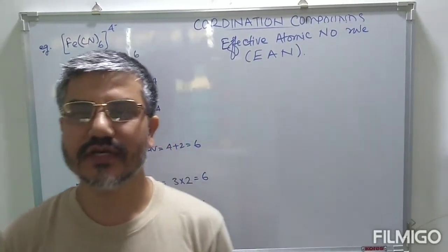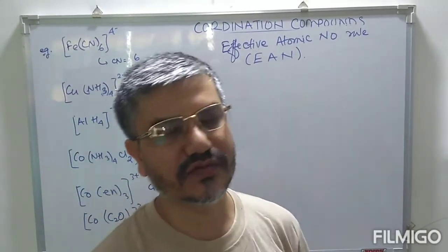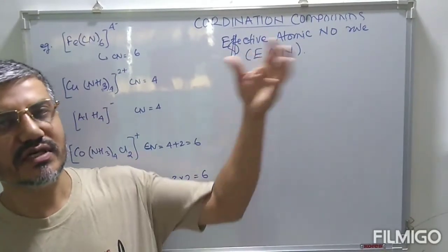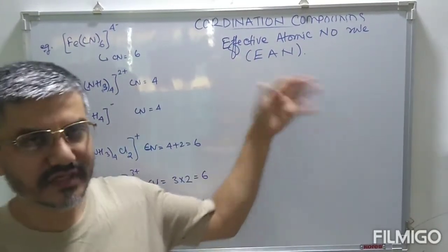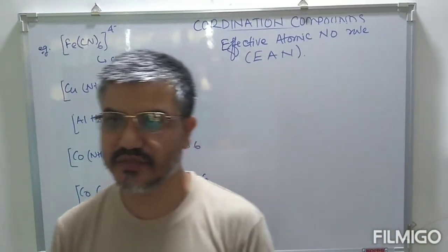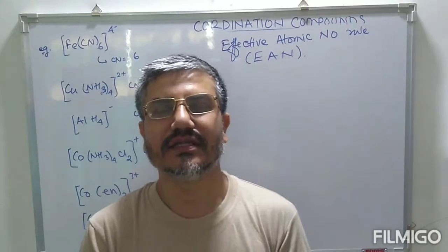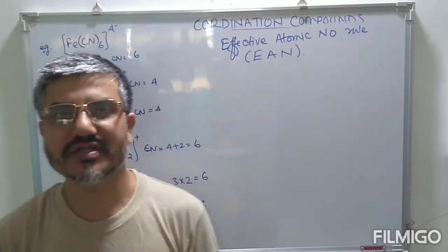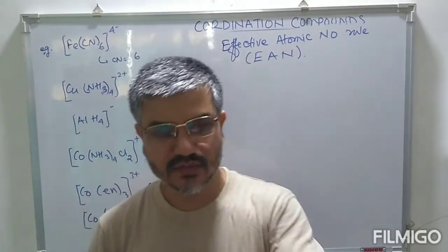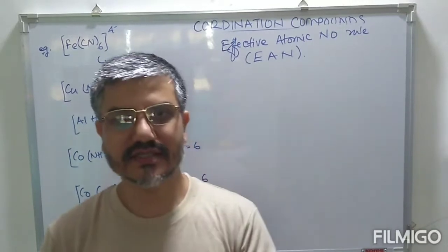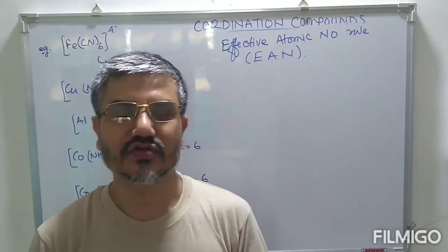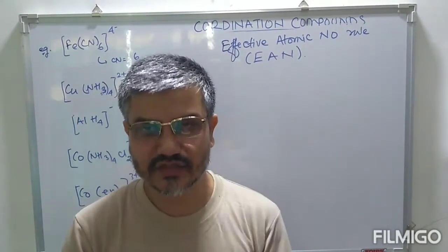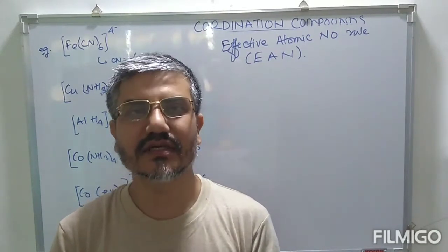So in the same way, to explain the stability of the coordination species or the complex species, and similar to this noble gas configuration, effective atomic number rule is proposed. That means we have a complex. This complex contains central metal, atom or ion, and plus some other ligands are bonded to this central metal. So when ligand is bonded to central metal, ligand is transferring at least a pair of electrons to the central atom. So after gaining this electron pair from the ligands, what is the actual number of electrons present in the central atom?